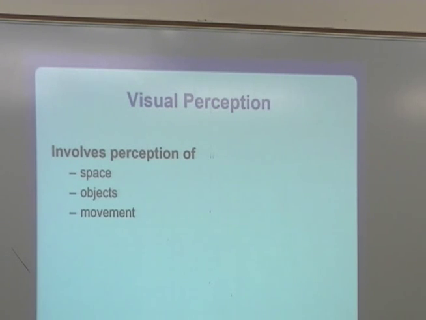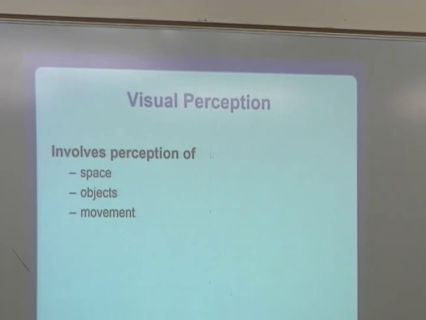So the sensory bit is all about the organ, right? All about the sensory receptor and whether that is working correctly or not. Perception, remember that perception is the process of identifying what that information means, right?